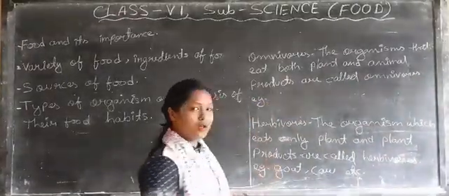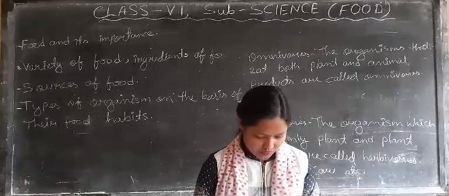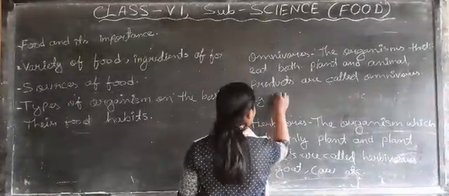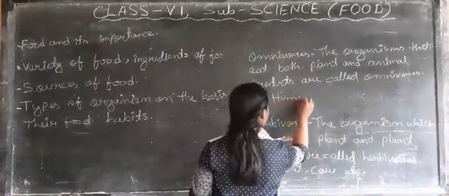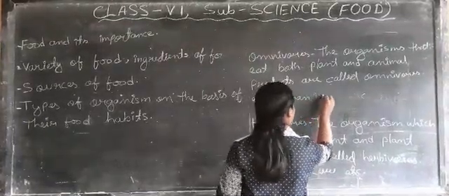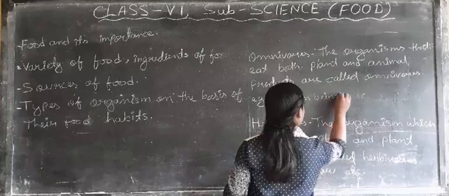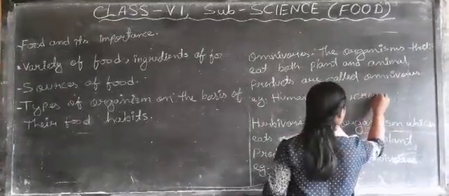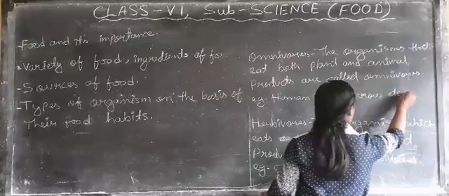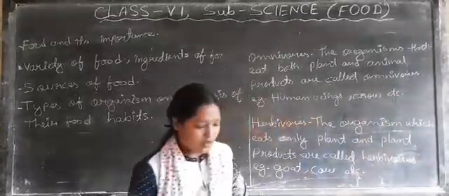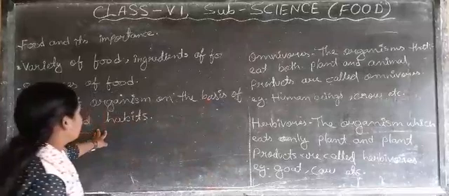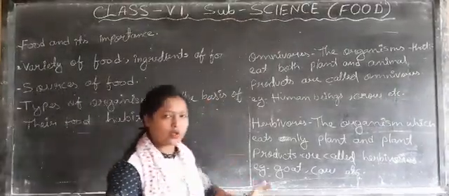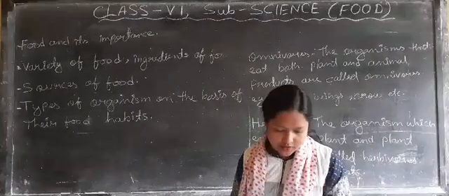For example, human beings and crow, etc. Okay. Depending upon their food habits, the animals or the organisms can be divided into three categories.